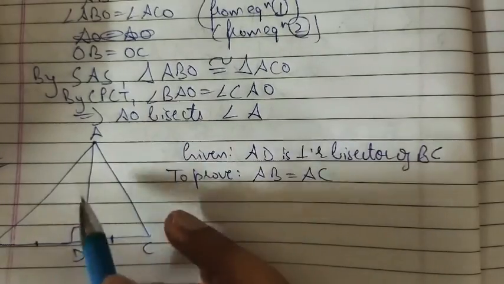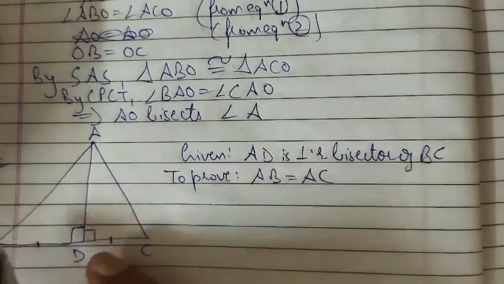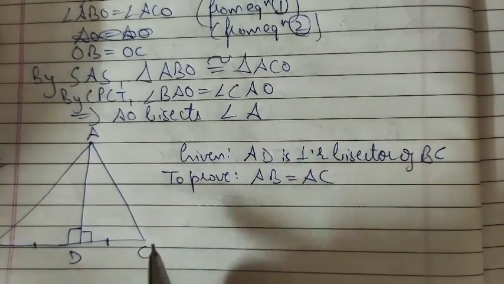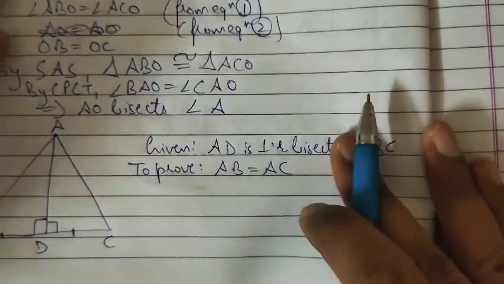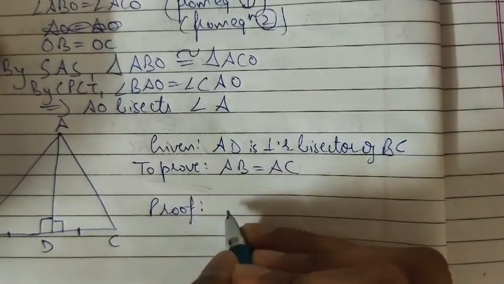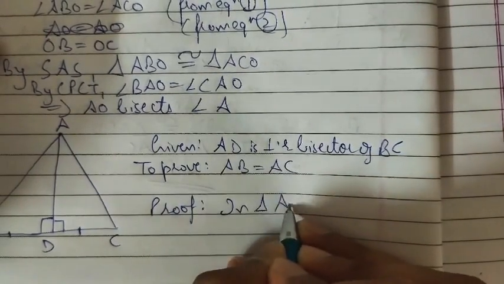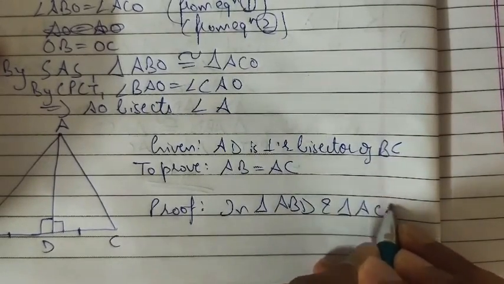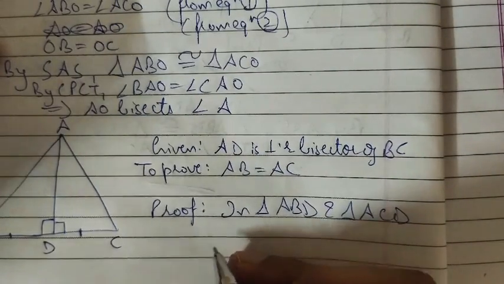Now let's take this triangle and this triangle, because AB and AC are part of this triangle and this triangle. So in triangle ABD and triangle ACD, proof.